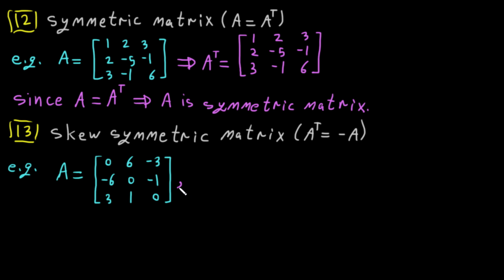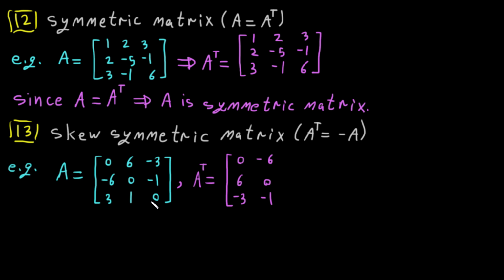So here we will compute this one first, A transpose. This row becomes column 0, 6, -3, and this row becomes column -6, 0, -1.